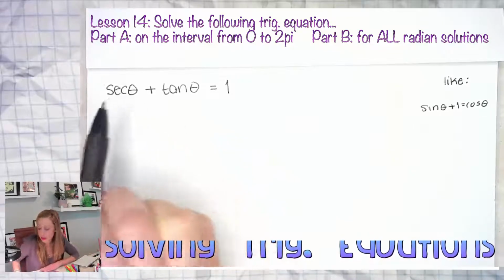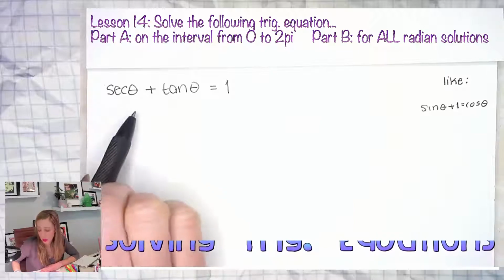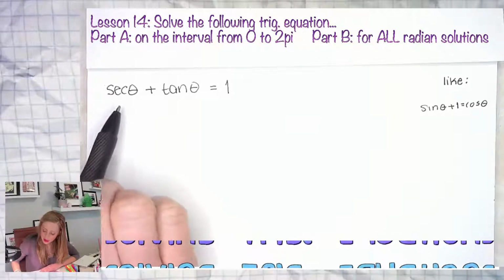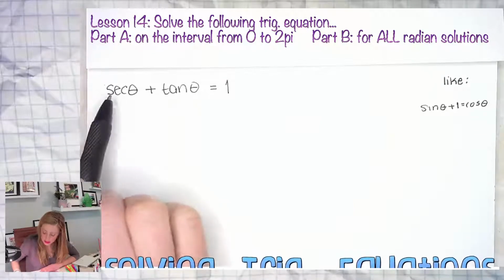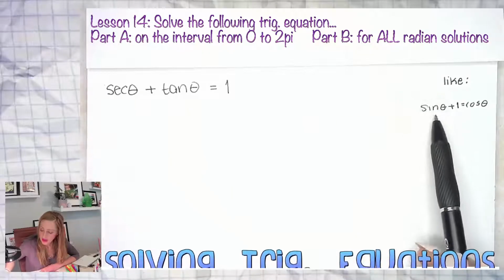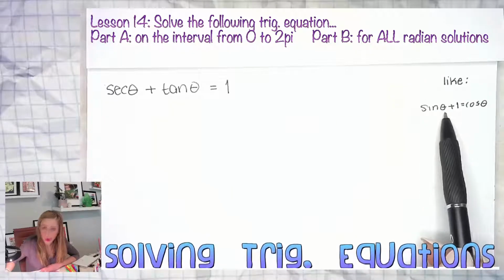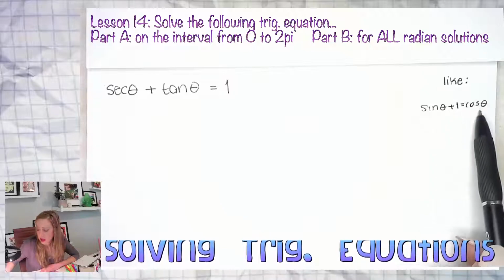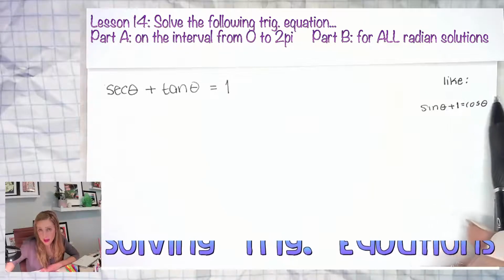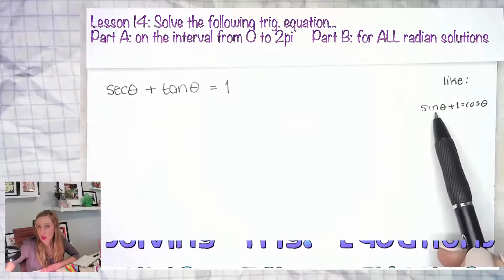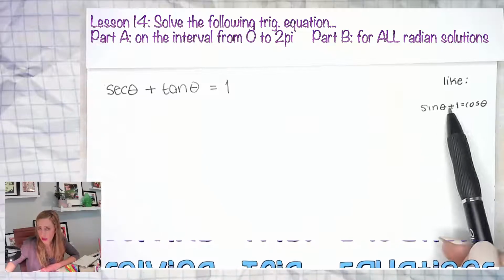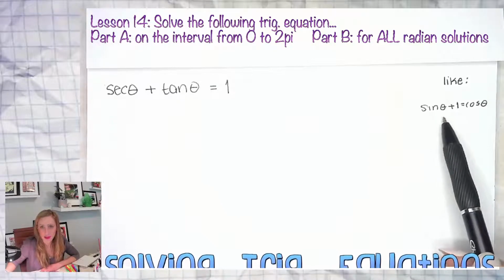Here we're going to do another solving trig equation example, and this is very similar to the example we did previously where it was asking us to solve sine theta plus 1 equals cosine theta. This example gave us a hint in the directions to square and convert to quadratic type.